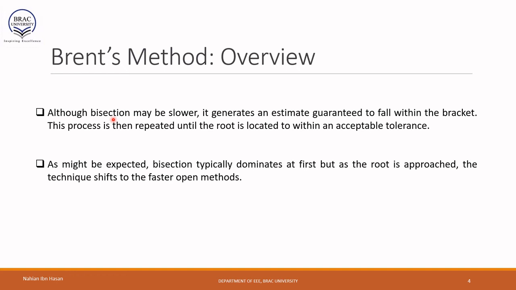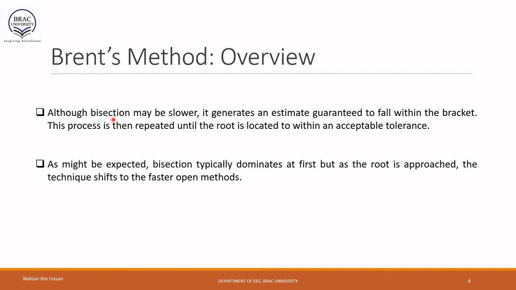So whenever we are ensured that we are close to the root, we revert back to the open method. That's another approach that people use. They usually use the bisection method initially, and in the vicinity of the root they revert back to the faster open methods.